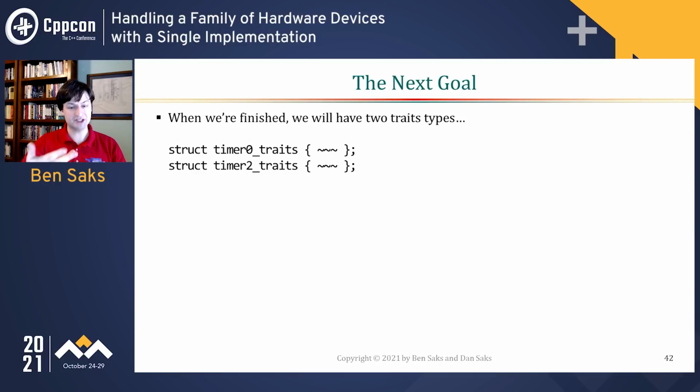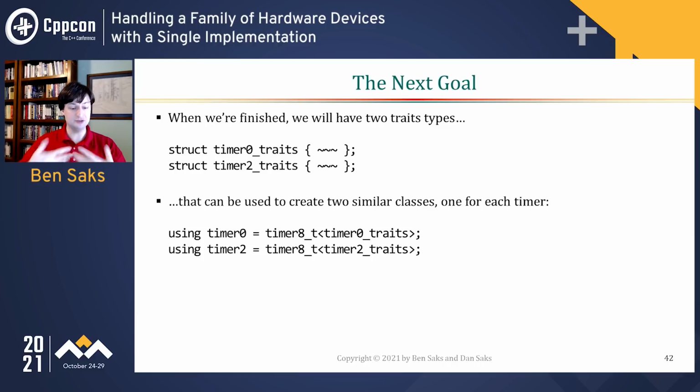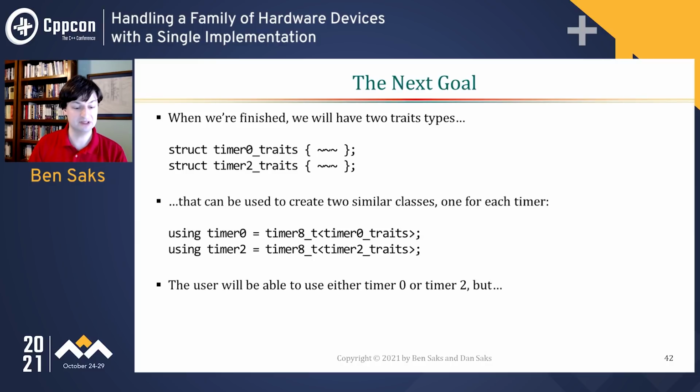So when we're finished, we'll have these two different traits types, timer 0 traits and timer 2 traits. We'll be able to use them to create timer types, timer 0 and timer 2, by specializing our class template with the appropriate traits object.